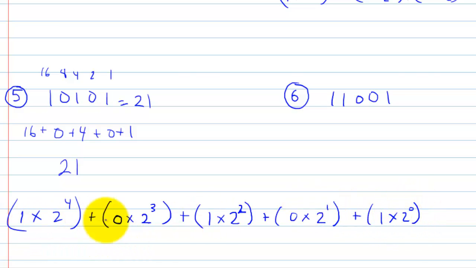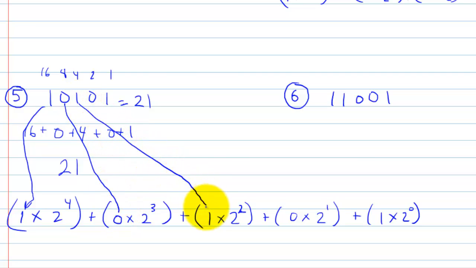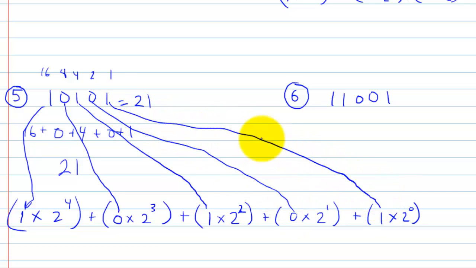So this represents this value right here, 1, 0, 1, 0, 1. This first one is right there, this 0 is right there, this 1 is right there, this 0 is right there, and this one is way over here. That's just so you can see where they're coming from.